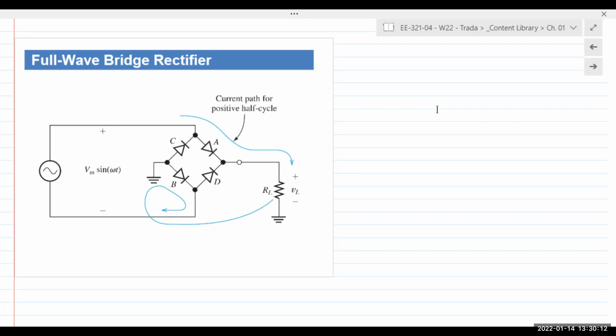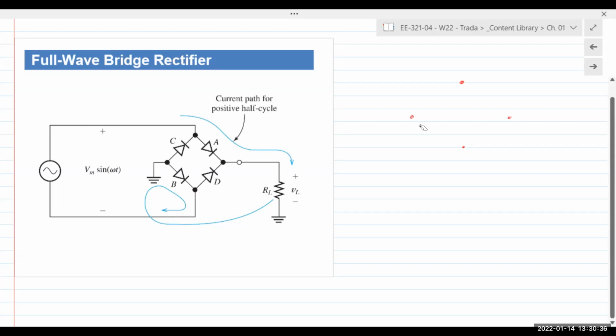This is basically a diamond configuration of 4 diodes, and 2 of them together handle 1 cycle each. So rather than using this diagram, let me create this one. The way I started to remember this is by drawing the 4 corners.